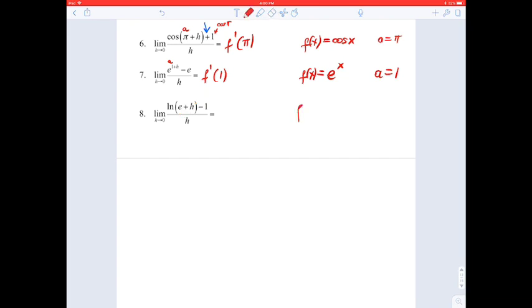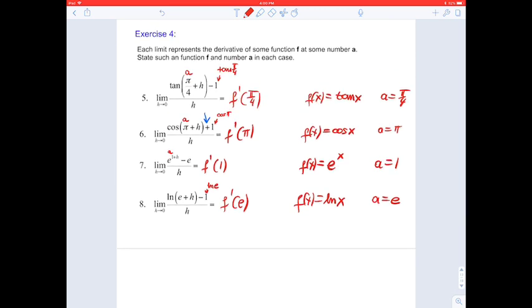This means my function is just natural log ln of x at the value e. Derivative at e, because this is ln at e. Make sure that you can also recognize a given limit definition of the derivative, and you can recover the function and the a value.